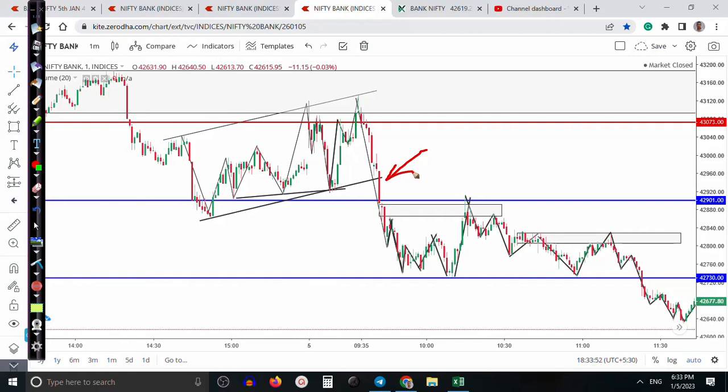Market was too volatile. After reaching the one standard deviation line, price pulled back near this 0.5 standard deviation line. All right, in that case this area is the most important area.